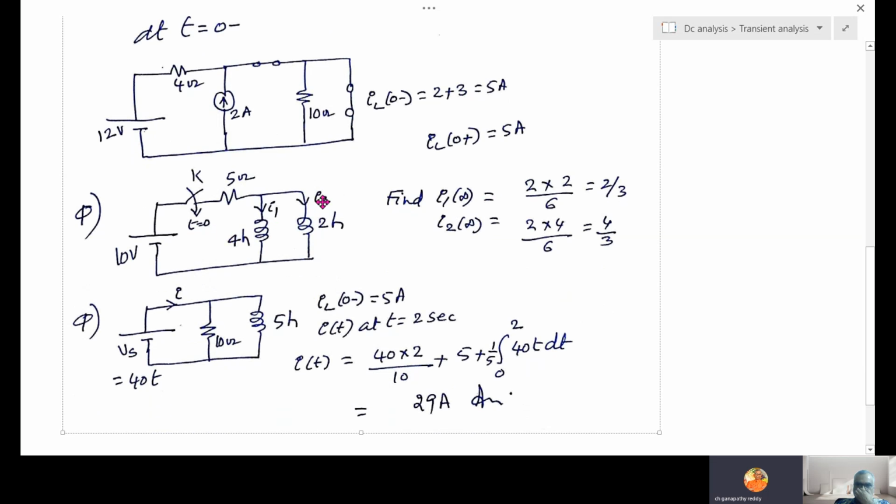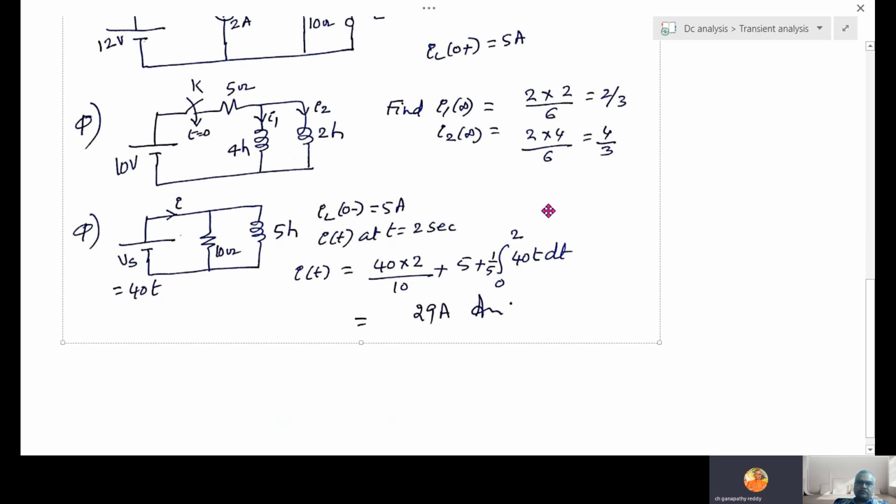There is another question. Many students will make a blunder here. What is asked? I1 infinite and I2 infinite. I1, I2 are the currents through two inductors. 4 Henry, 2 Henry, both are in parallel. And switch K is closed at t equal to 0. I1 infinite, I2 infinite is asked. So infinite means steady state, no?